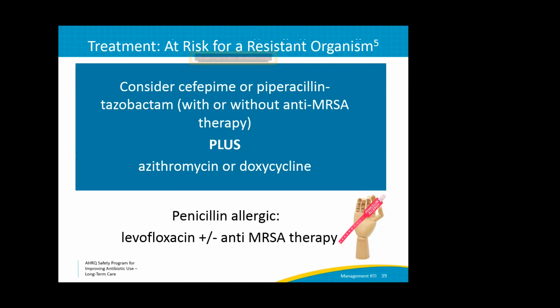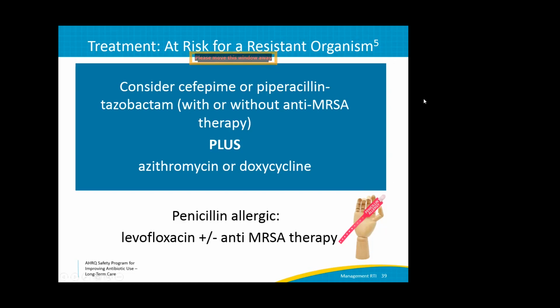If the patient has a known history of prior MRSA infection, or if you have data about very high MRSA colonization rates at your facility, and in particular in a resident who is quite ill, it may also be reasonable to cover empirically with an anti-MRSA antibiotic, such as vancomycin or linezolid initially.